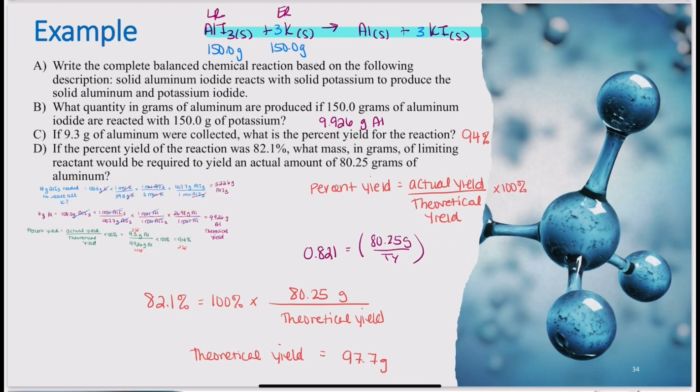So I've got 0.821 is equal to 80.25 over theoretical yield. I then multiplied both sides by theoretical yield. So that canceled this out in the denominator down here.